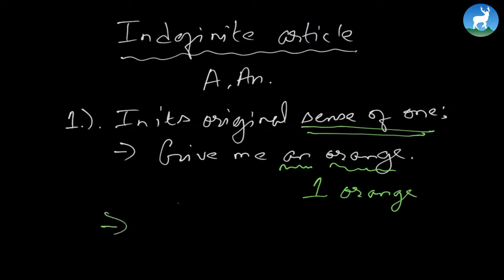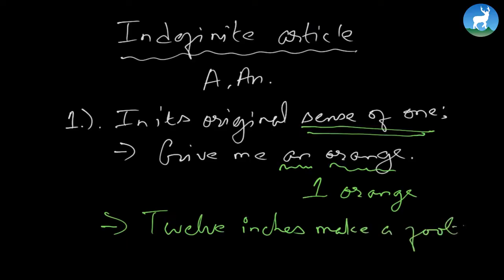At the same time, 12 inches make a foot. Here we're talking about one foot. So the application of a and an deals with oneness, individualizing particular things.